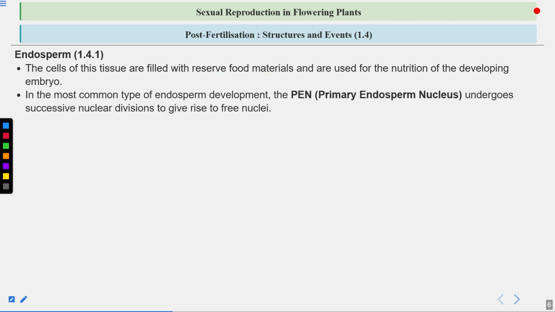In the most common type of endosperm development, the PEN, the primary endosperm nucleus, undergoes successive nuclear divisions to give rise to free nuclei. So what does this mean? Free nuclear division.